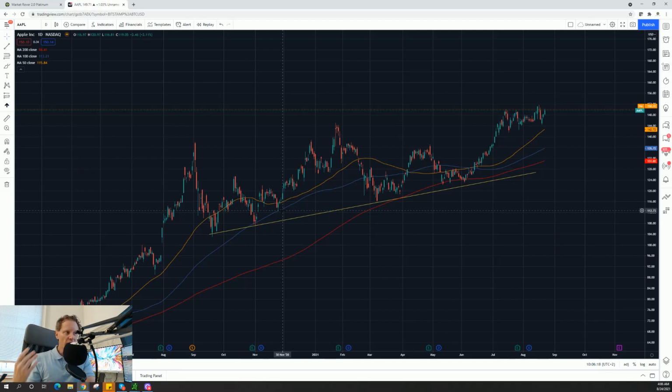Now, what you want to do is combine that analysis with, if you get a signal from a moving average, see if other things line up. So let's look at, for example, the red line on this chart, which is the 200-day moving average. If you draw some very simple trend lines, and this is again just a very simple analysis, you're getting a higher probability trade than if you're just using a simple moving average.